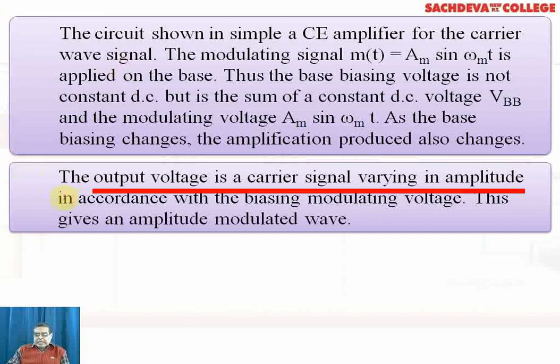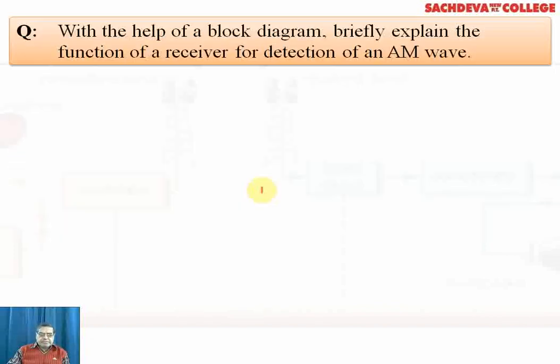The output voltage, as shown in the figure, is a carrier signal varying in amplitude. As I explained earlier, the output has varying amplitudes. At certain instants, the amplitude is more, and at other instants, the amplitude is less. So this gives an amplitude modulated wave.